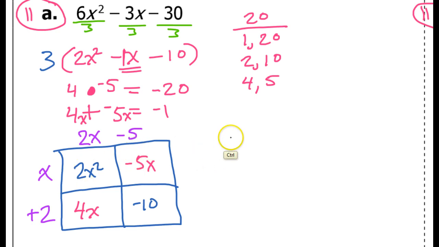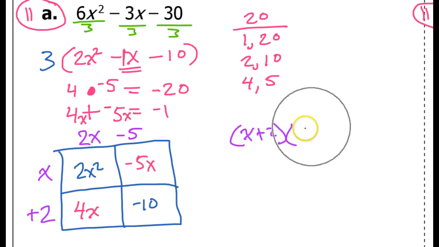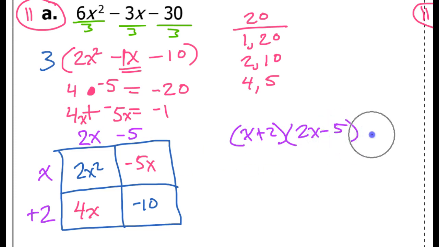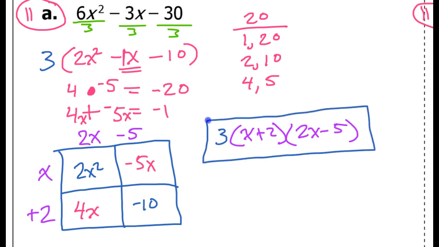This will give us a binomial times a binomial. From the left, I have x plus 2. And across the top, I have 2x minus 5. However, this is not the final answer because there was a GCF that we pulled out right at the beginning. That GCF is still part of the answer, so 3 times (x plus 2)(2x minus 5) is the final answer.